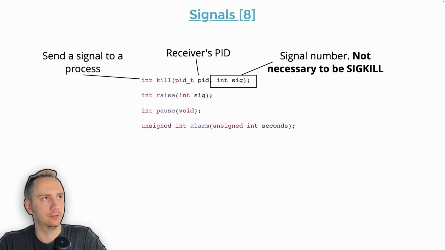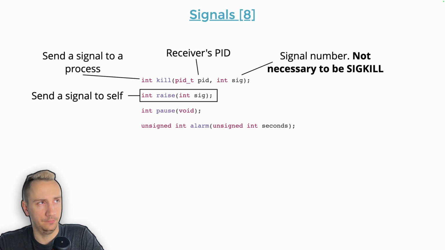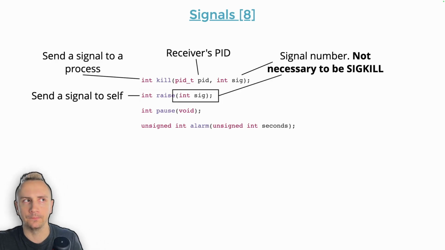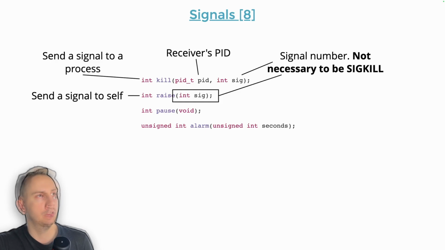There is also the function raise, which will send a signal to itself. It is almost like kill, if you would call kill with your own PID. Except the difference is that, at least from what I have observed, raise will try to send the signal exactly to the thread which called raise.